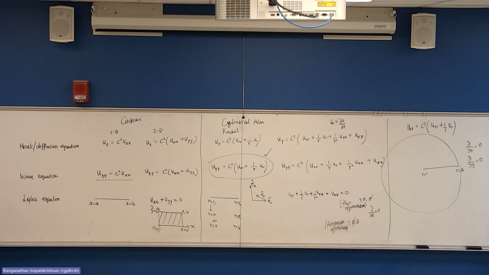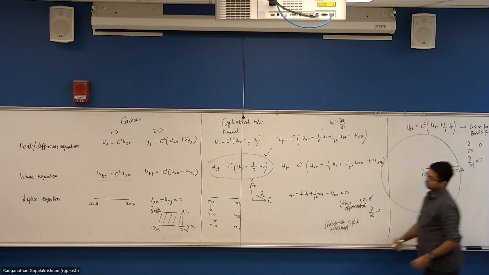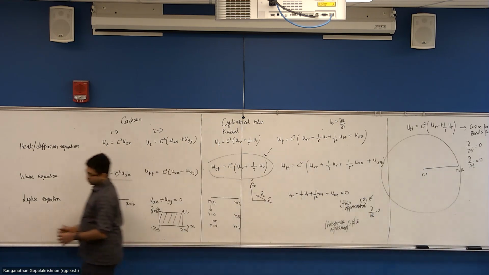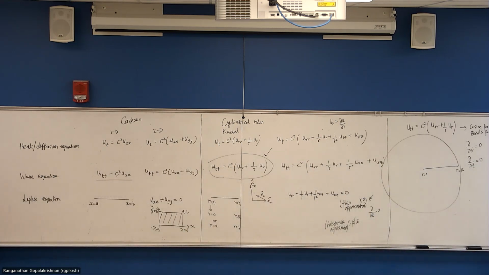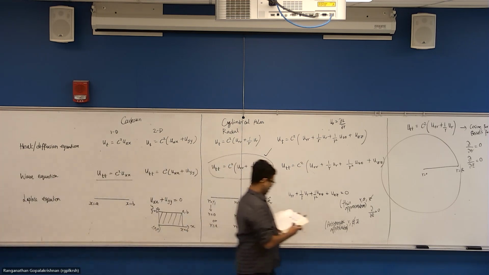So we got the solution for this. Cosine for the time and Bessel functions for the radial solution. This is all what we did last time. And if you go back to the solution we finally derived, it is of this form.